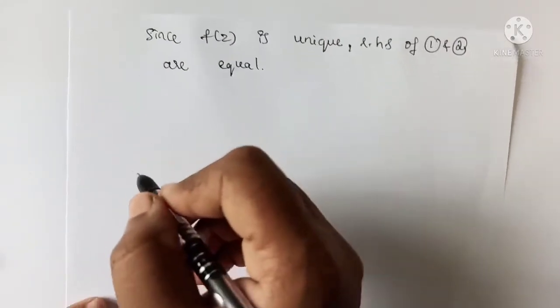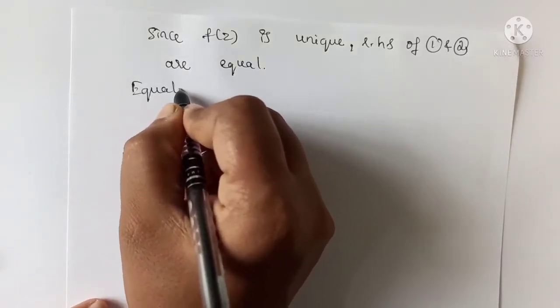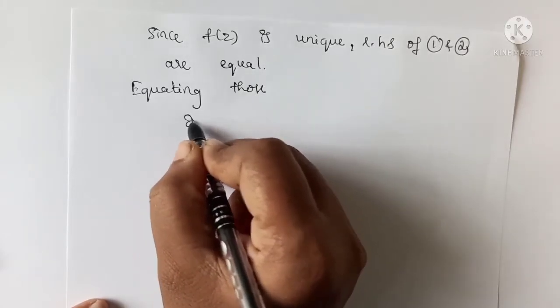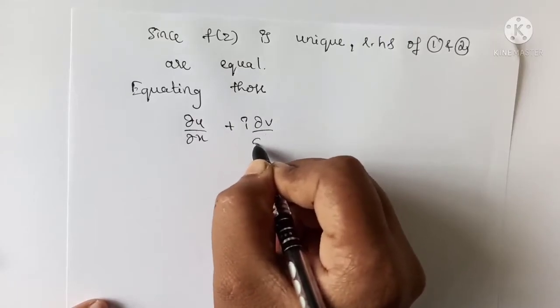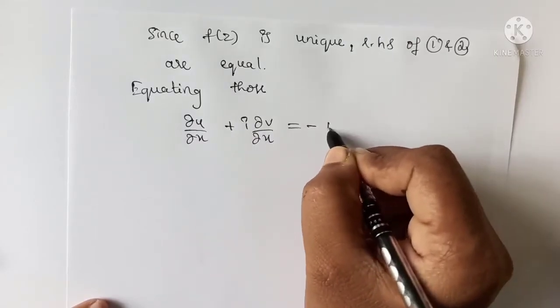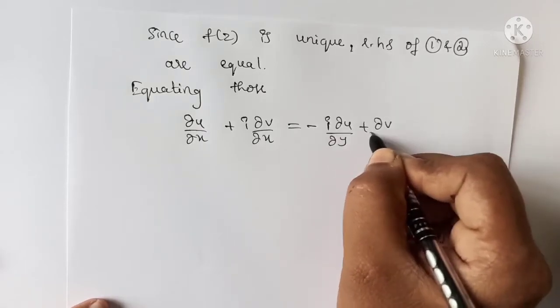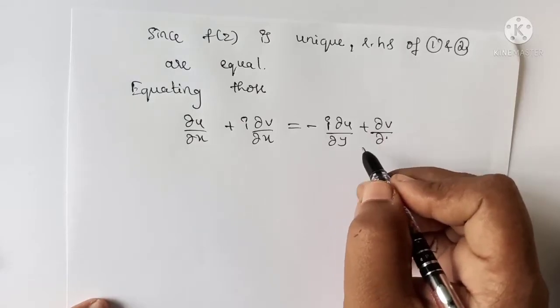So equating those, we get dou u by dou x plus i dou v by dou x is equal to minus i dou u by dou y plus dou v by dou y.